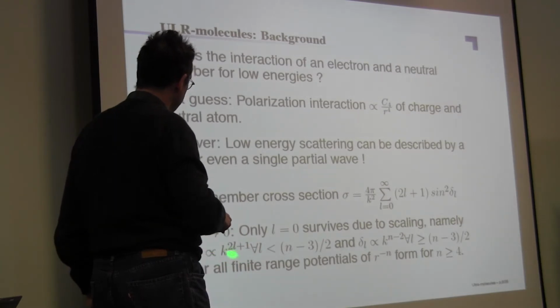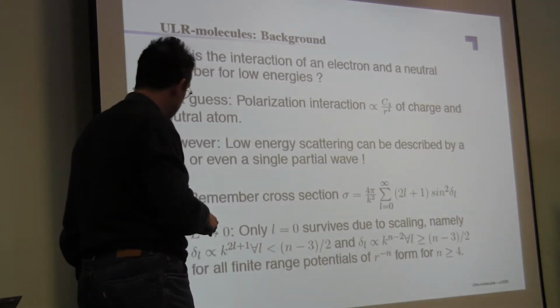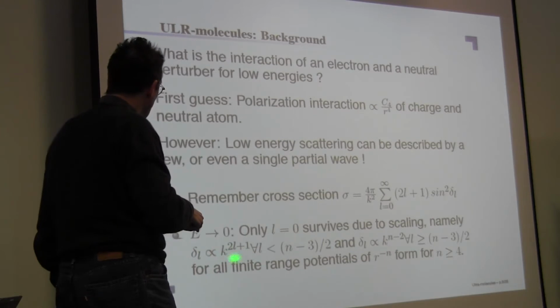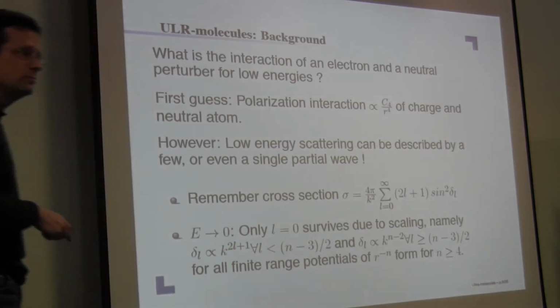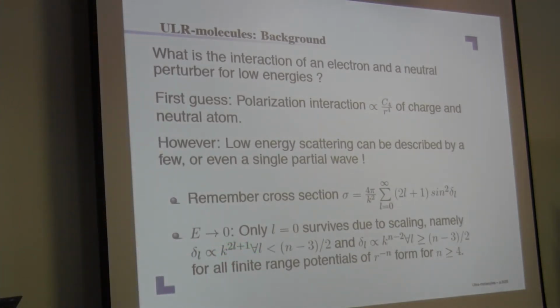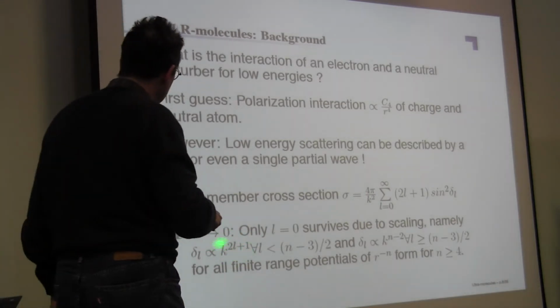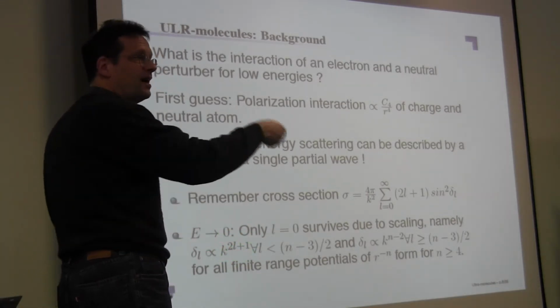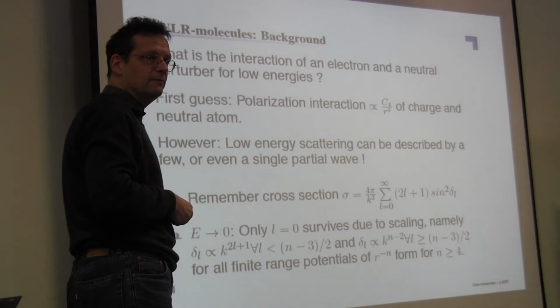But some positive power of k means that if I go with k towards 0, which is the low energy case, the energy goes to 0 case, then this scaling assures that a higher power of k drops faster than a lower power of k.